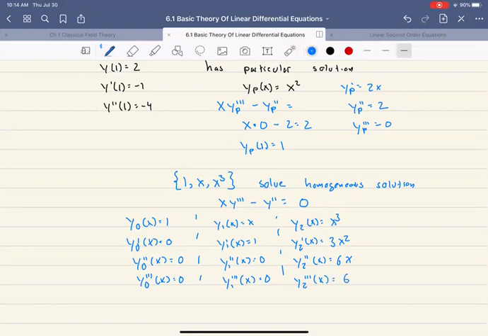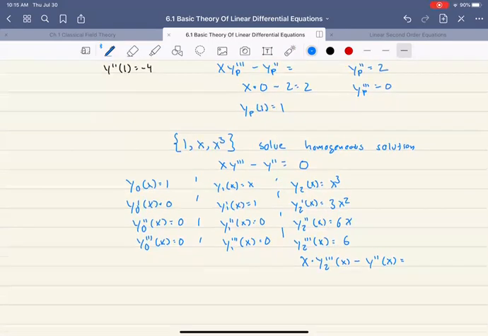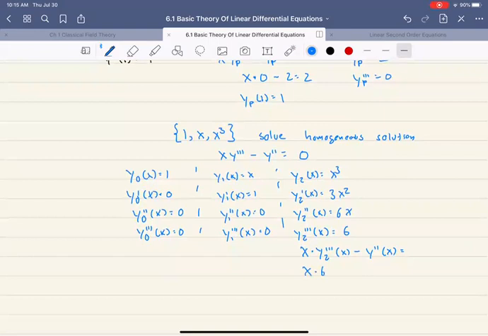Okay, so if we plug these back in, we get x times y2 triple prime of x minus y2 double prime of x equals x times 6 minus 6x equals 0.